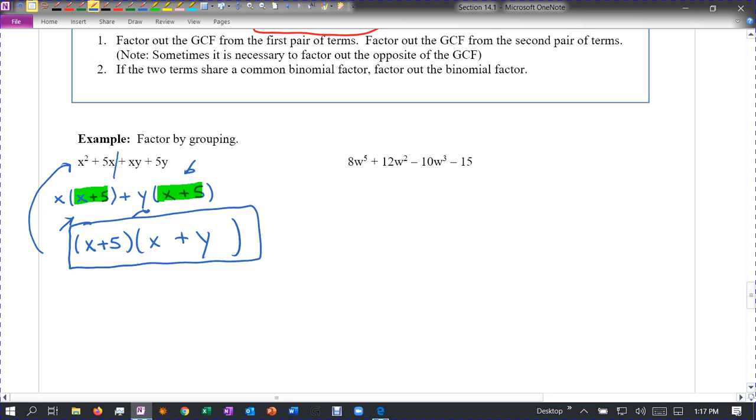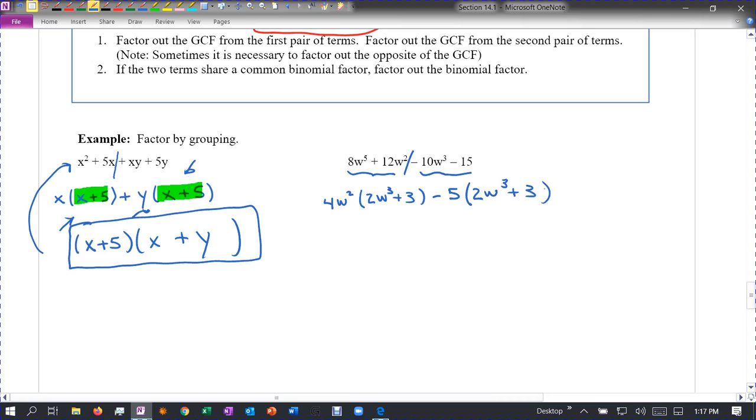Okay, next one. Go here, two terms, slash it. On the first two, I can actually pull out a GCF of 4w squared, and I'd be left with 2w cubed plus 3. And then on the second one, notice that I can pull out a negative 5 out of both, and I would be left with a 2w cubed plus 3.